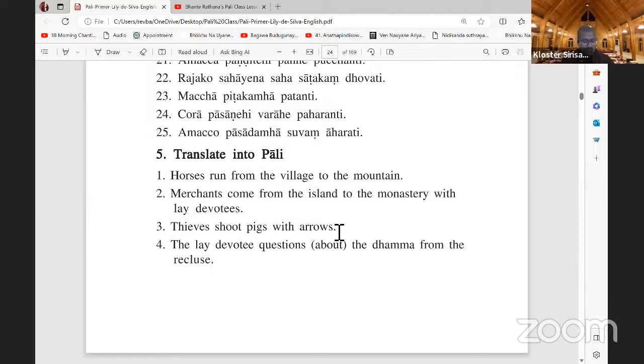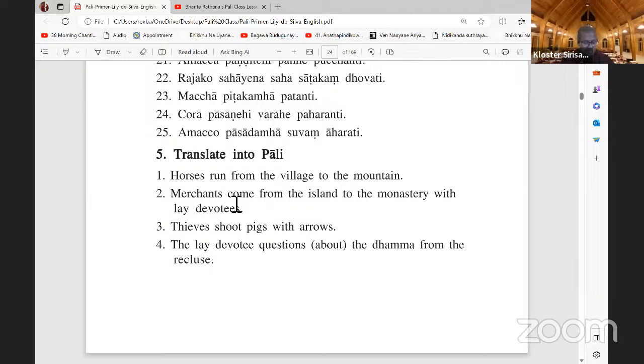So you can see that here, Chora Sarehi Varahi Vijanti, Sarehi, arrows, comes first after the subject, and here the main object is the pigs, so it comes before the verb. So you can remember that here also it's the same.